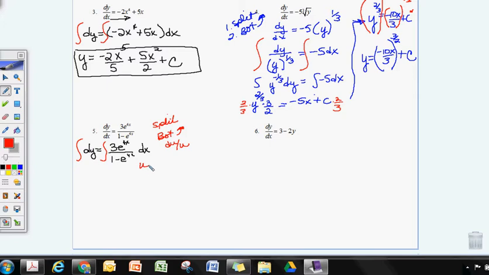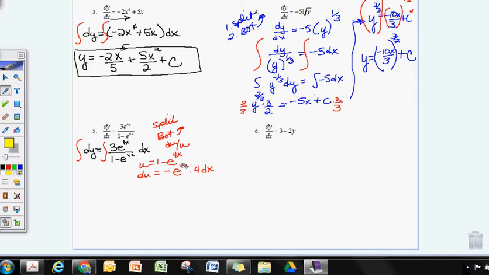So my u value is going to be 1 minus e to the 4x power, which means my du is going to be a negative e to the 4x times 4 dx. Okay, so now we need to look at what we have here.